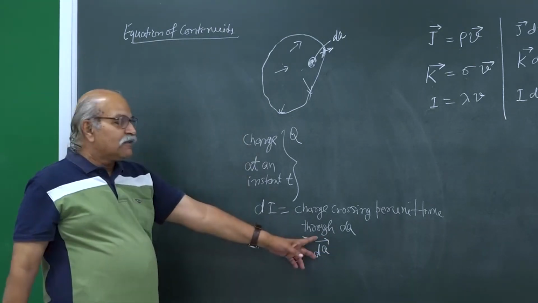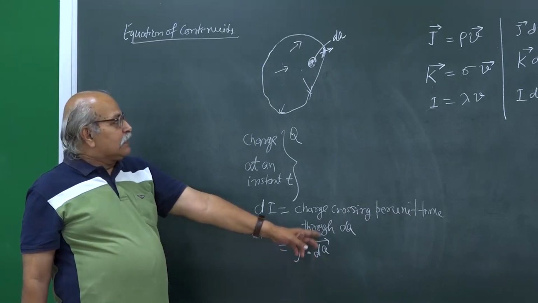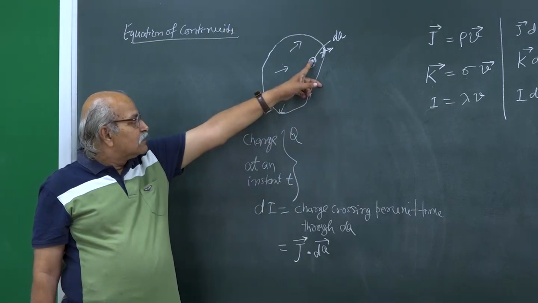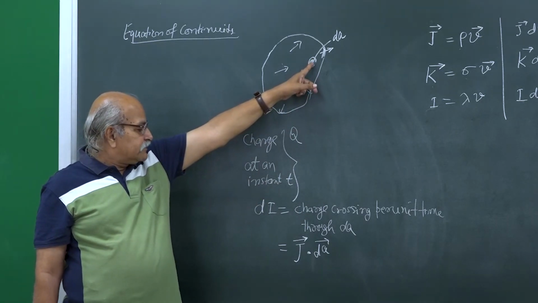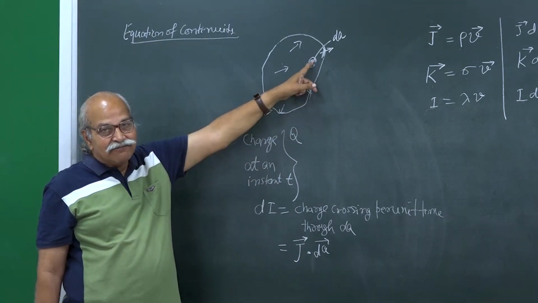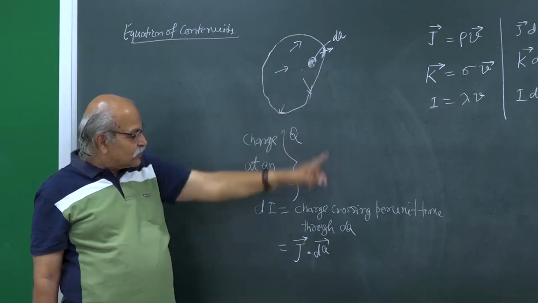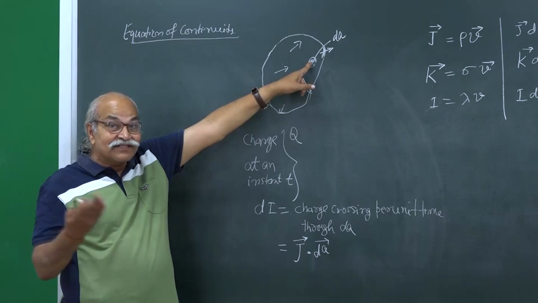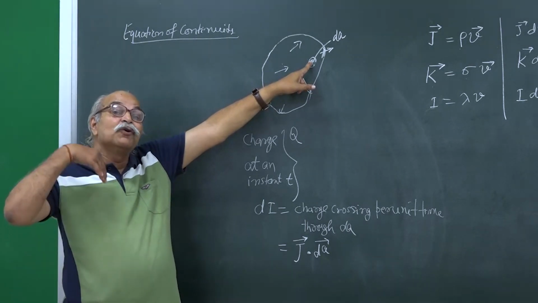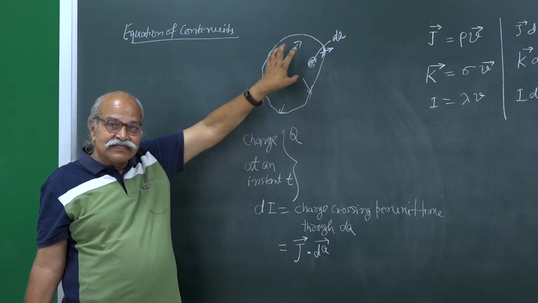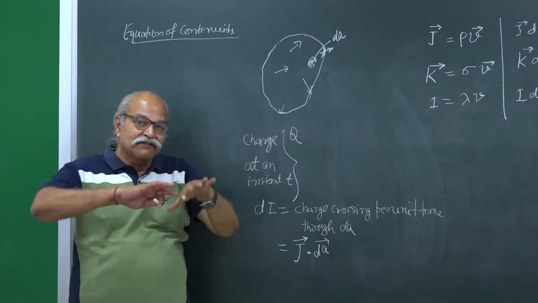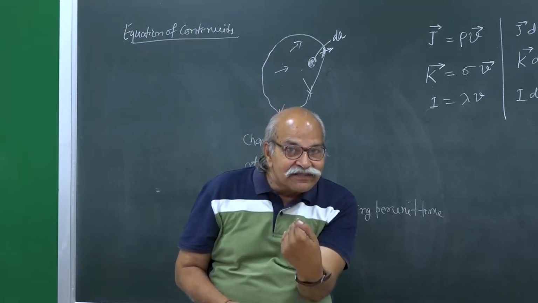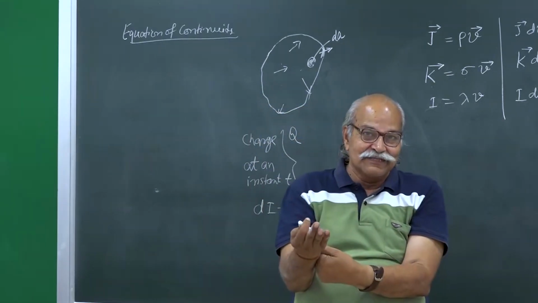What is the dA vector? The magnitude of the dA vector is the surface area itself, and the direction of this dA is perpendicular to that surface and going in the outward direction. Since it is a volume and we are talking of the surface of a volume, therefore, we can always talk of inside the surface and outside the surface.